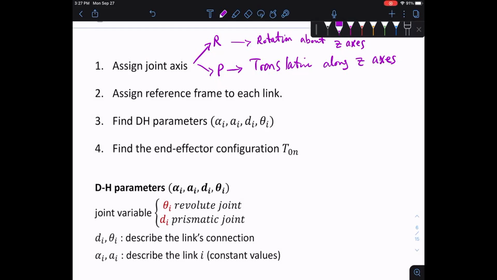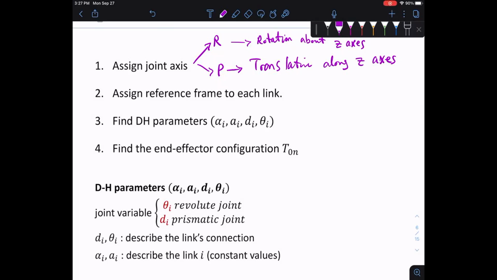Next, we have to find our DH parameters. Alpha I, AI, DI, theta I. All right. DI and theta I, you kind of know what they are. What do you think about theta I? What is theta I? So if you have a joint, yes, it's the rotation of that joint, it is the joint variable. Okay. So if you have a revolute joint, we're gonna call the joint variable theta I. If you have prismatic joint, we're gonna call the translation di.